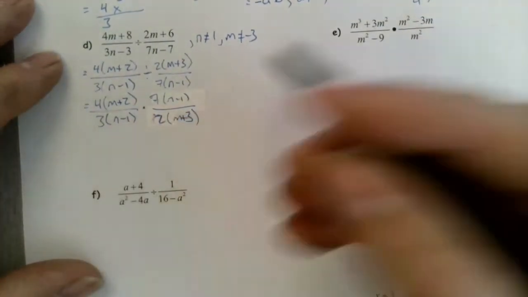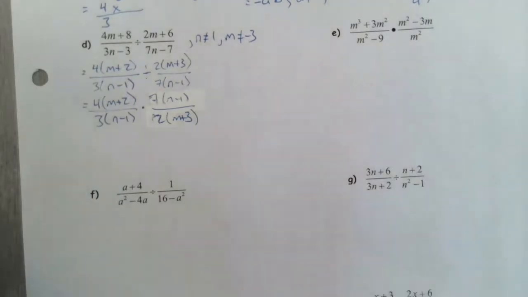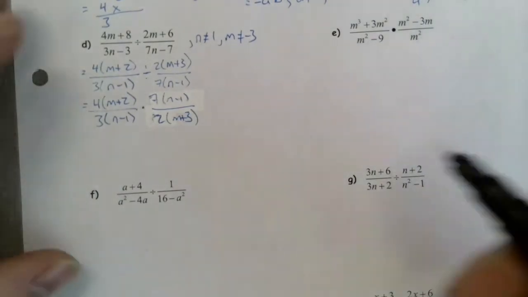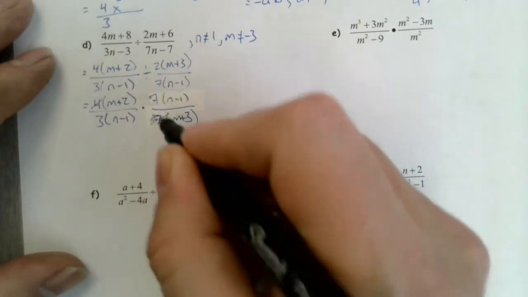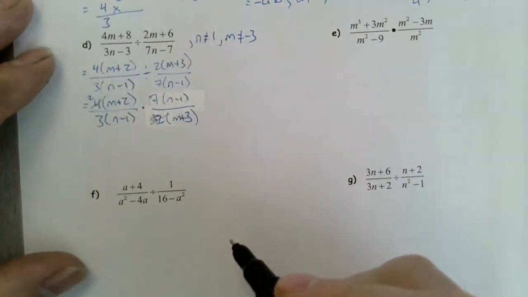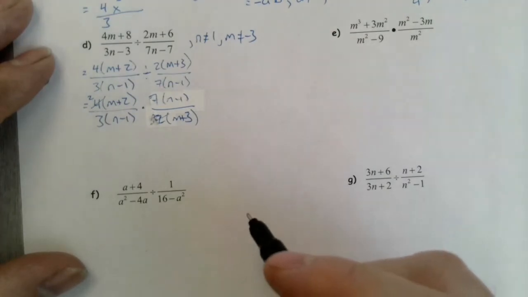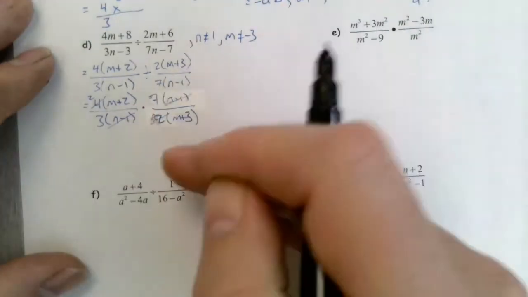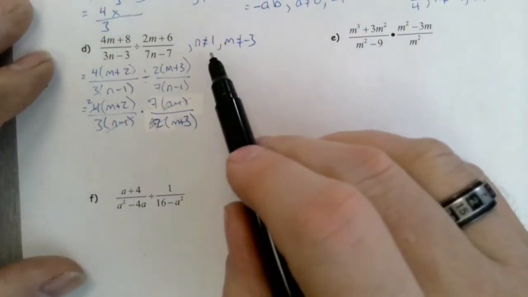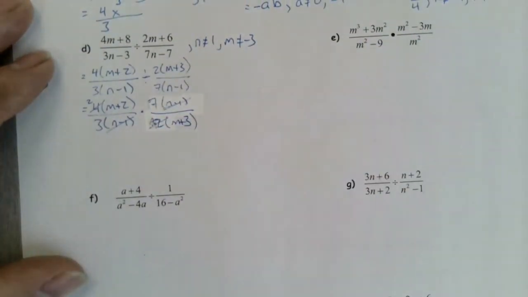Now, I'm going to take things that I see in the numerator and the denominator that are the same, and I'm going to cancel them out here. So 4 has a factor of 2 in it, so that 2 is going to disappear, and I'm going to be left with a factor of 2 up there in the numerator. The n minus 1 and the n minus 1 become 1, so long as n is not allowed to equal positive 1, and I've already identified that.